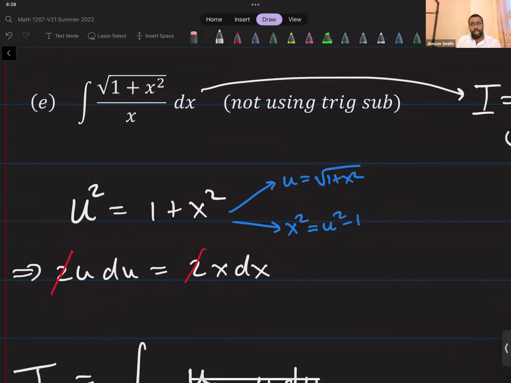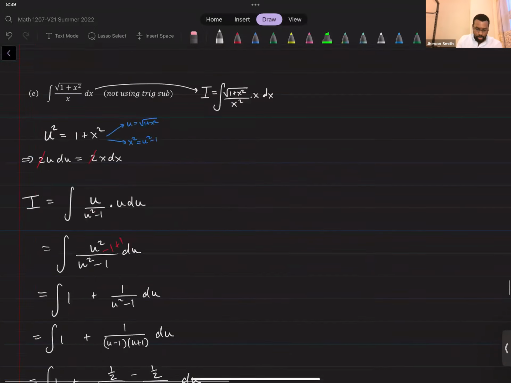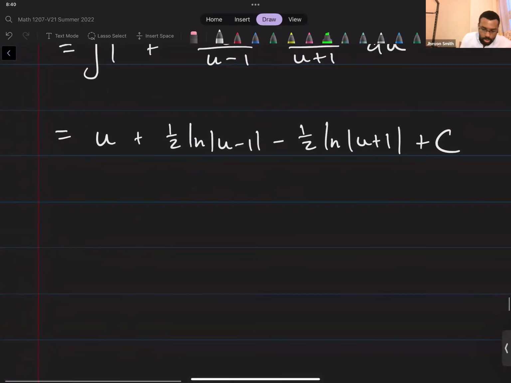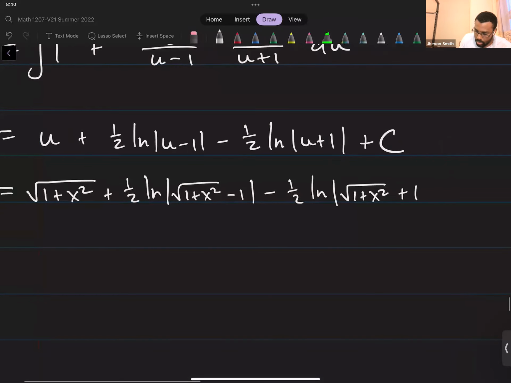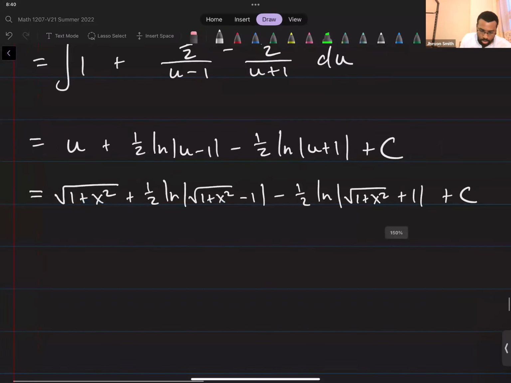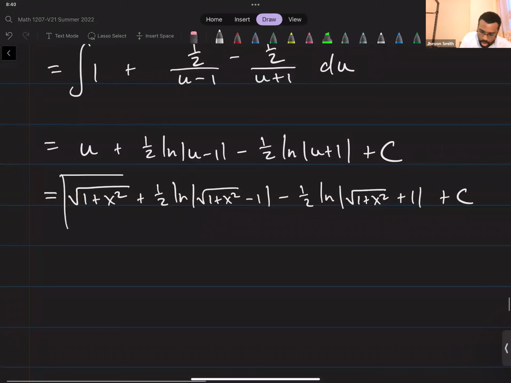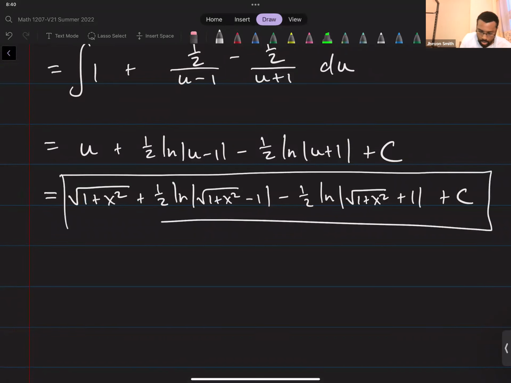My u is the radical of 1 plus x squared. And that's the integral here.